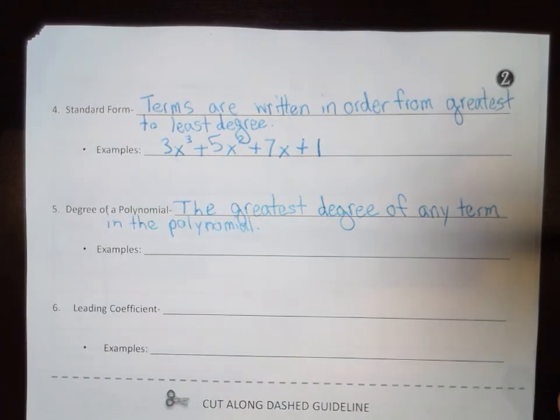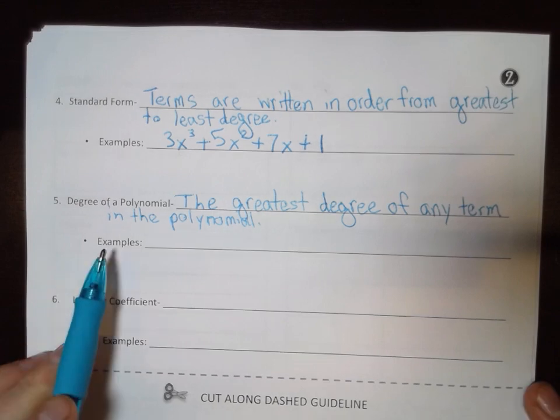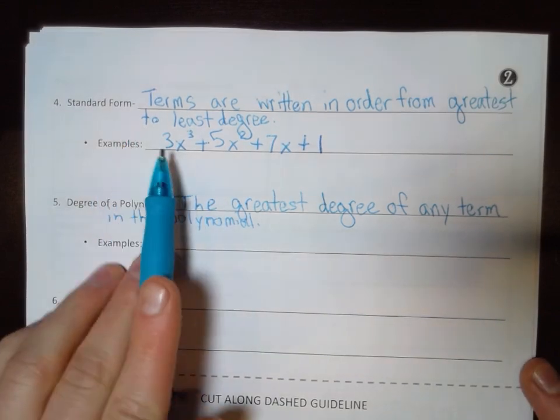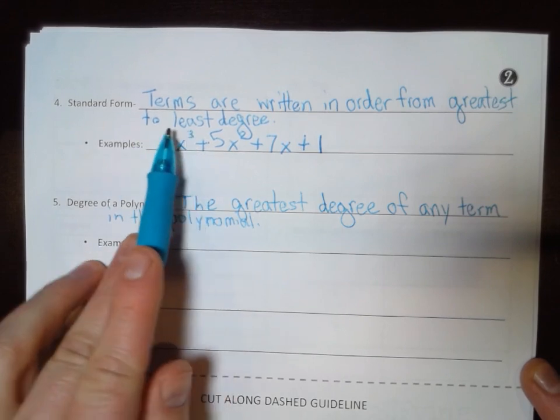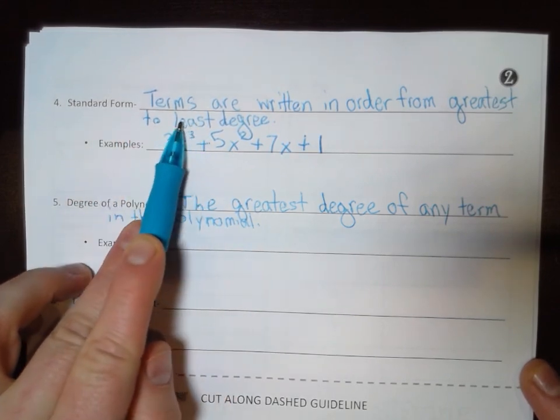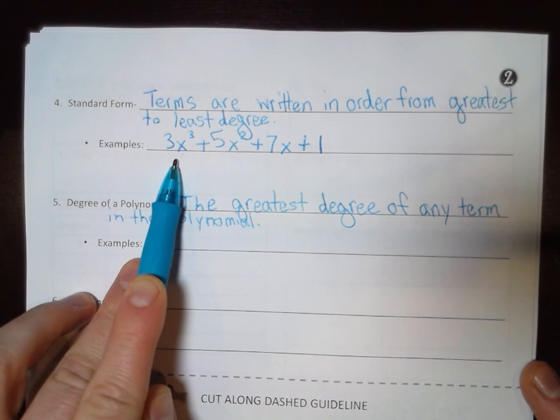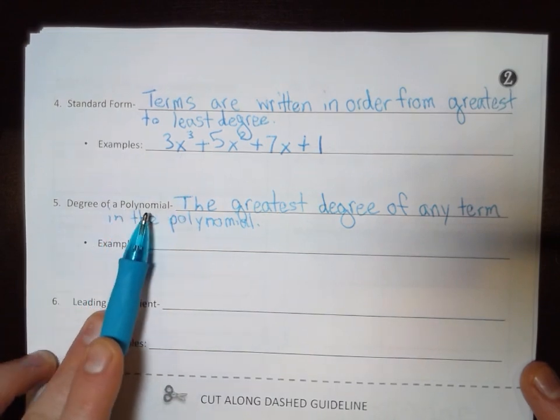The greatest degree of any term in the polynomial. So we're looking at this, and this has the greatest degree. Nicely, it's written in standard form. So anything that's written in standard form, this first term here defines the degree of the polynomial.